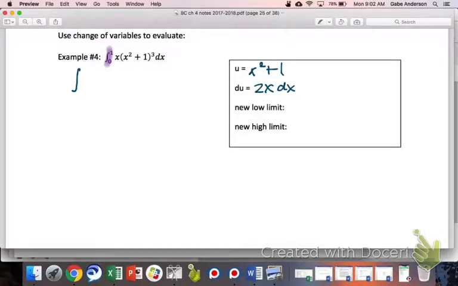How do I know? Well, I think we have to assume, right? Why should I feel comfortable assuming? How do I know that the 0 and the 1, the two numbers that I have highlighted up there, are in terms of x? Like it's x equals 0 to x equals 1, not some other variable.